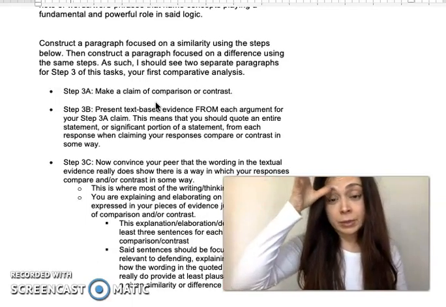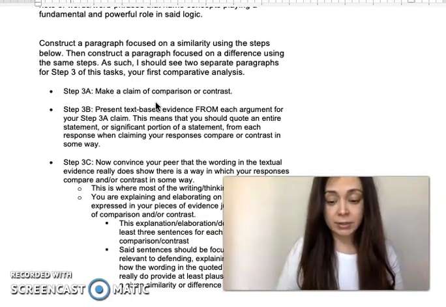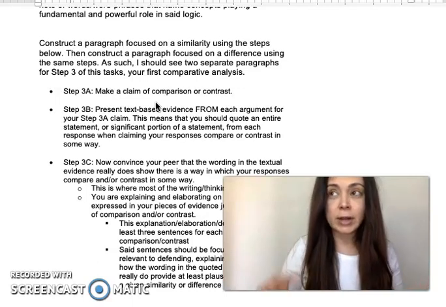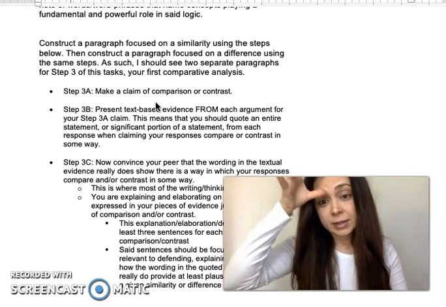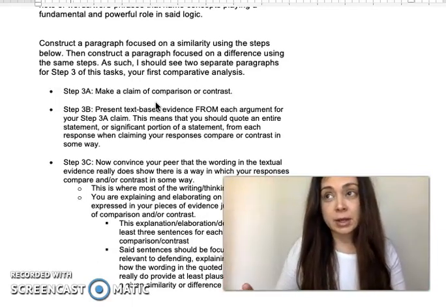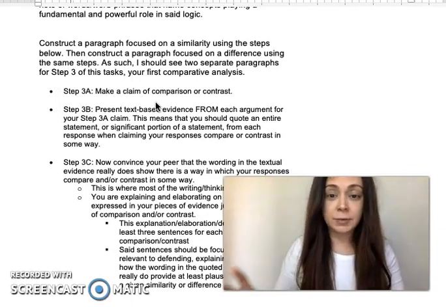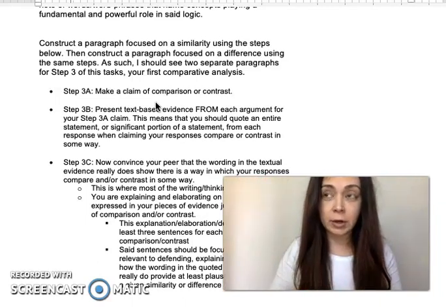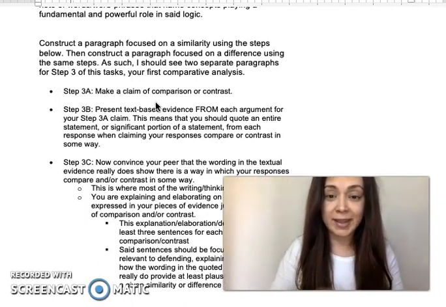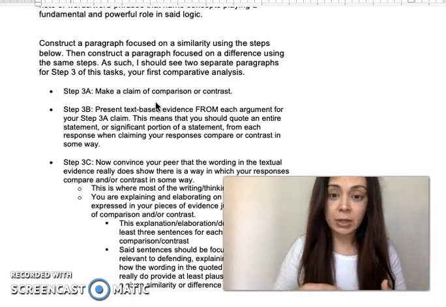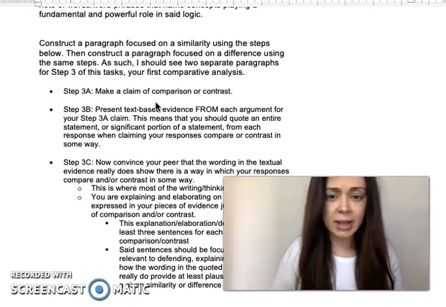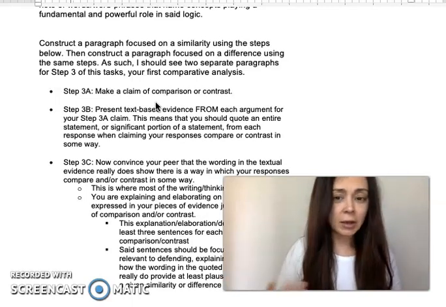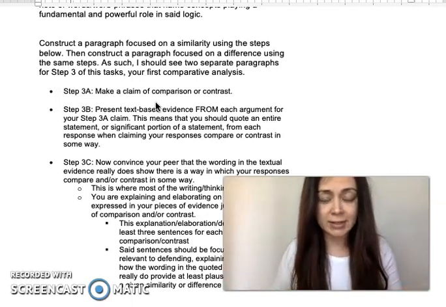So you'll have to provide textual evidence. And so another mistake that students make sometimes is they try to introduce both quotes in the same sentence. And for a lot of students, this is difficult to achieve. Some students are still working on their command of English writing mechanics and introductory clauses. And so they kind of mess up with the syntax in terms of how you introduce two quotes in one sentence.